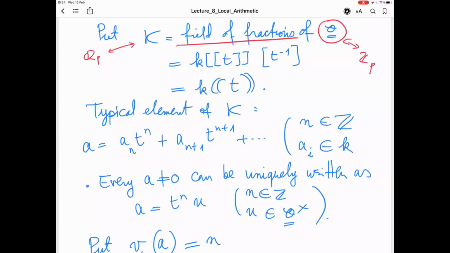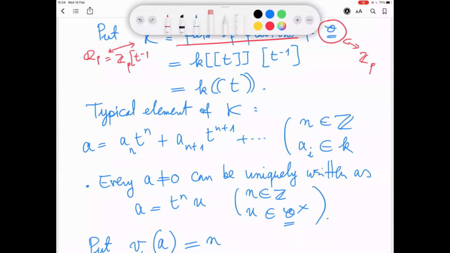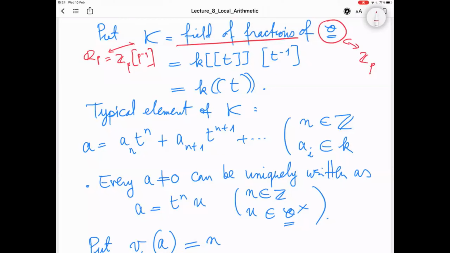And just as there, Qp was obtained from Zp by just inverting p, similarly this K is obtained from the ring O by just inverting the indeterminate T. And the notation for capital K is little k, power series in T. These are sometimes called Laurent series.